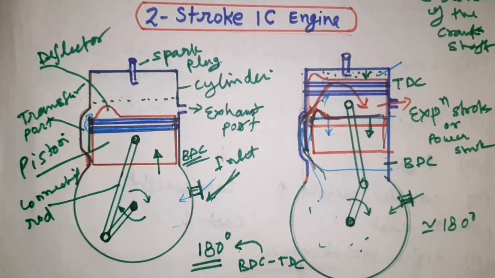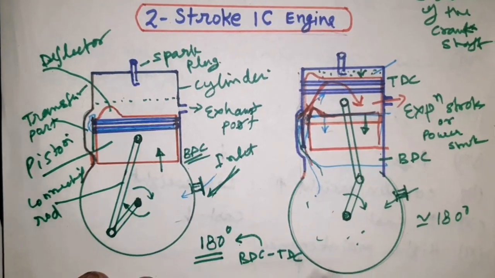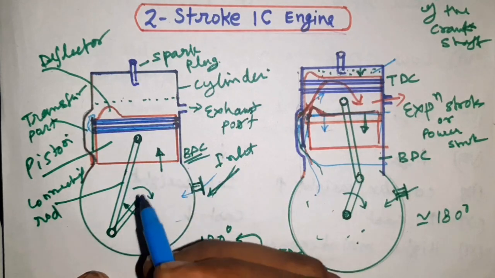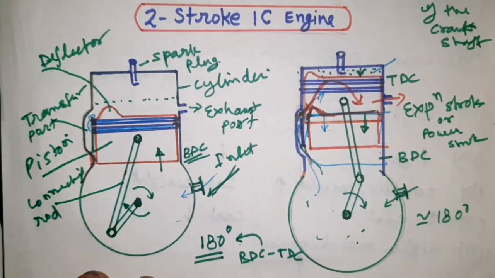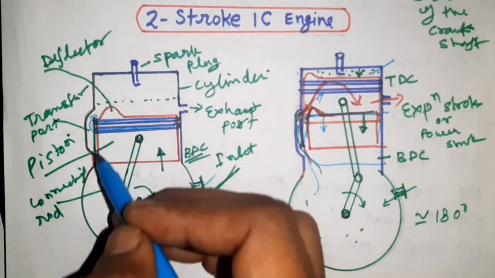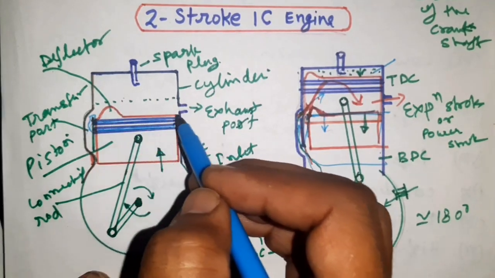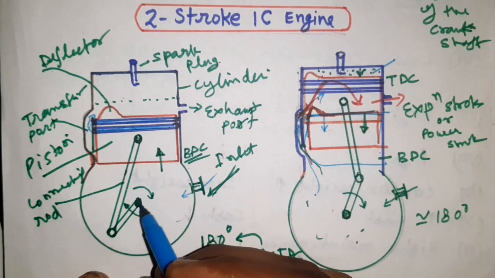Here you can see in this figure a two stroke engine. Suppose this is an SI engine, so a spark plug is there. This is the cylinder. In red color, this is the piston, this is the connecting rod, this is the crank, this is the crankshaft, and this is the casing.